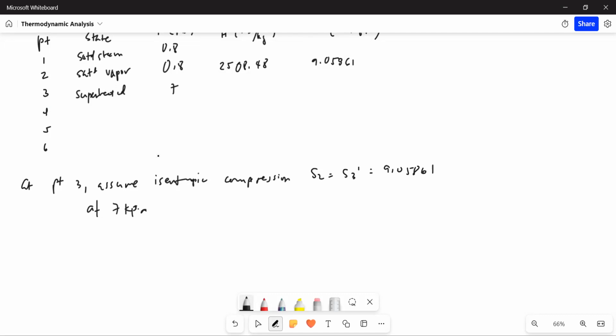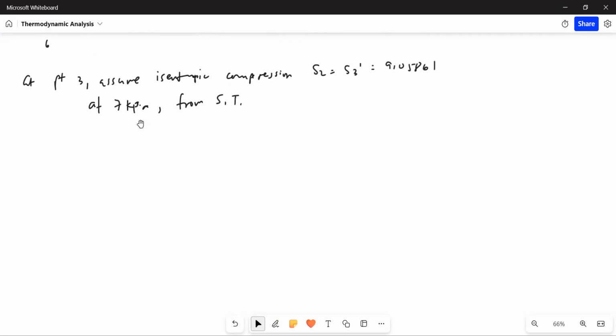From the steam table, read the superheated steam table at 7 kilopascals. Find the H3 prime.